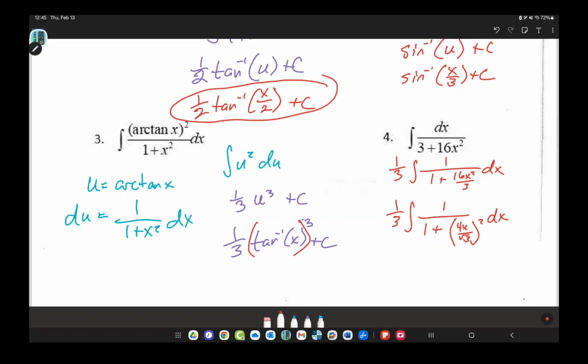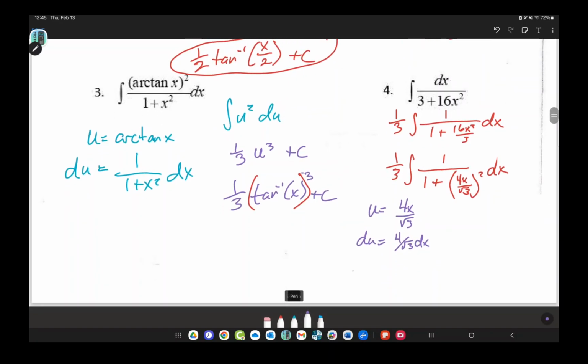All right, so we are going to do substitution though, because we have to say u is equal to 4x over square root of 3, which means du is equal to 4 over square root of 3 dx, which means that square root of 3 over 4 du is equal to dx.